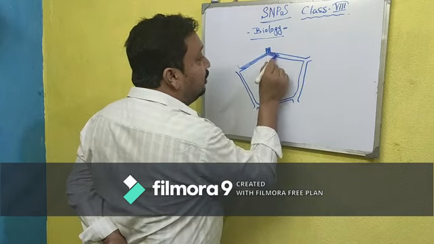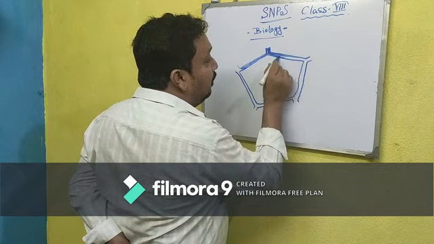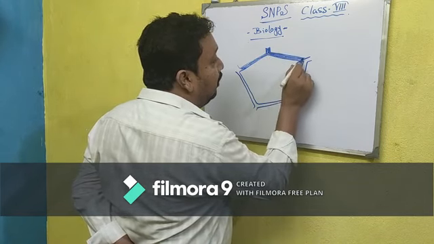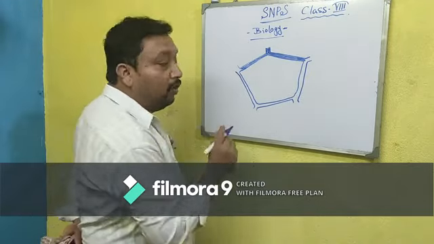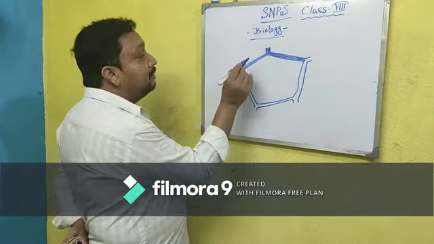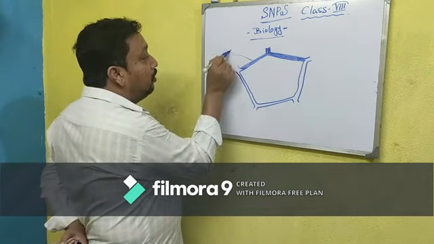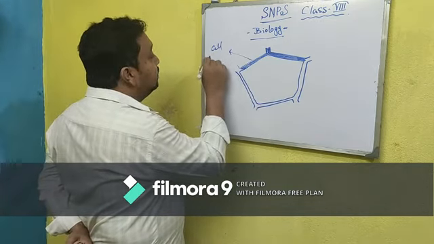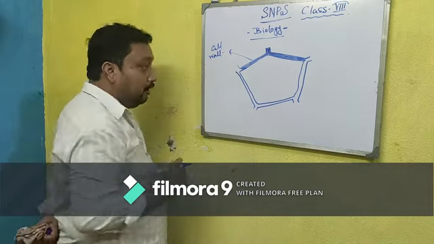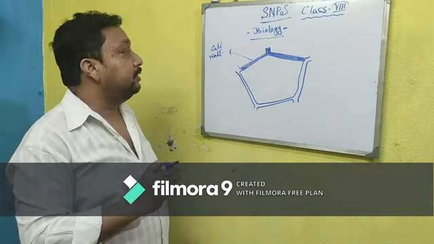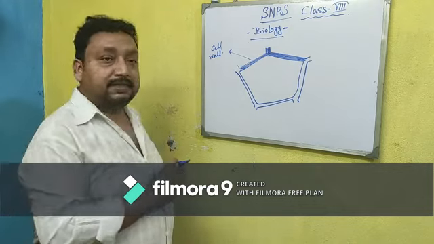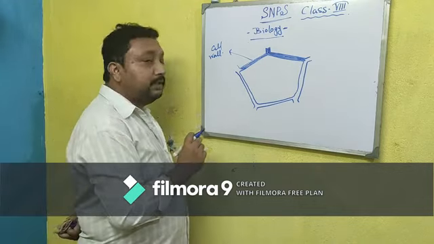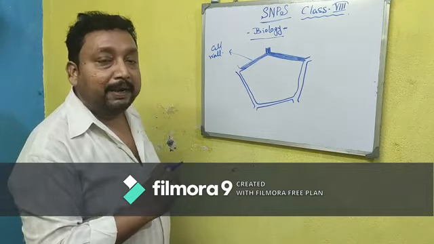So this is the outermost covering of a cell, which is called the cell wall. The rigid outermost part of a cell is called the cell wall. It is mainly composed of cellulose and pectin.